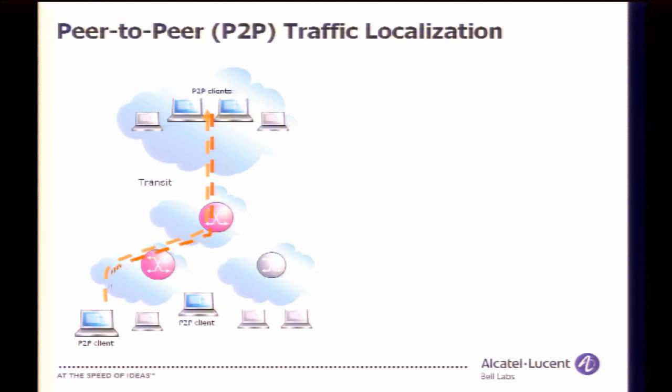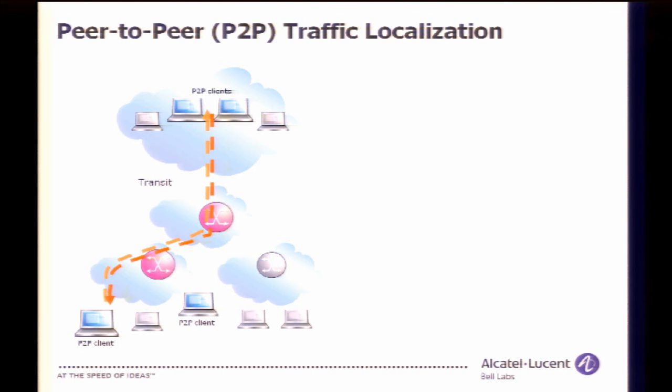You want to download some content, you go to a tracker, and the tracker gives you some random IPs that previously announced that they have this content. The tracker doesn't really know where these IPs are located, and doesn't really care. It just tells you, try to download from these IPs. So most of the time, because your ISP is small and the world is big, you're going to go through a transit link and fetch the content from some external peers.